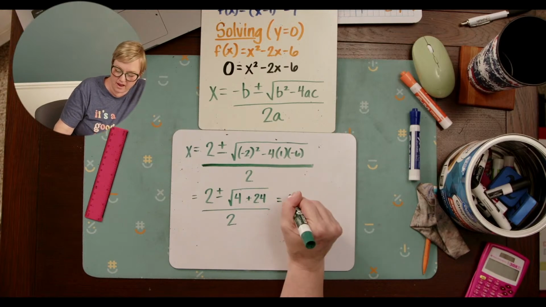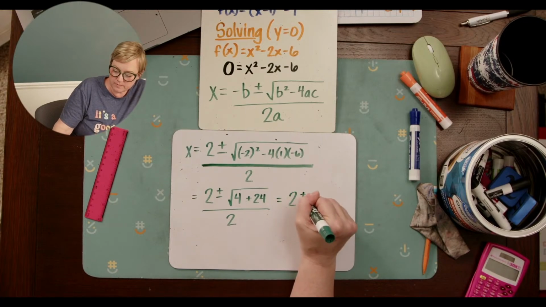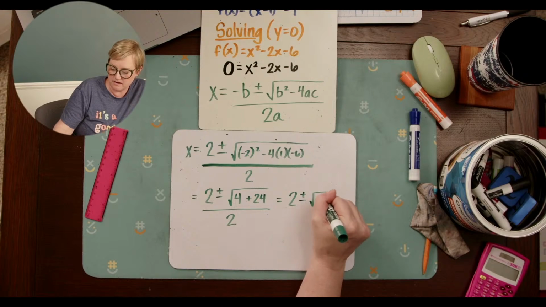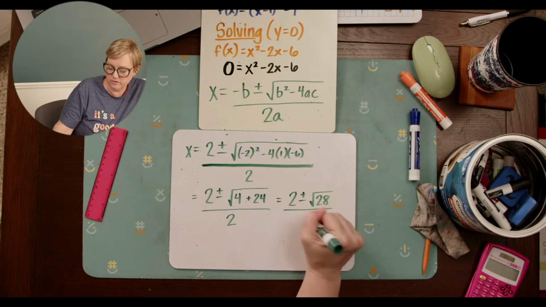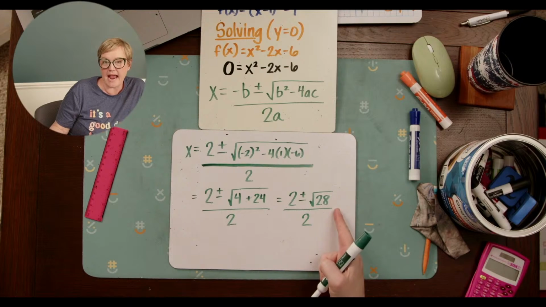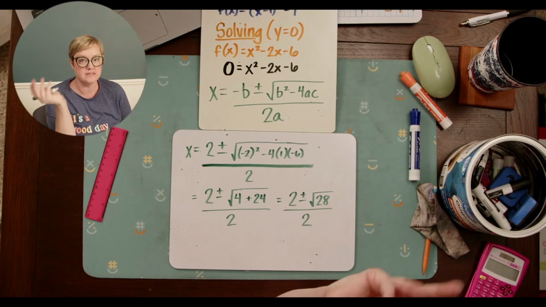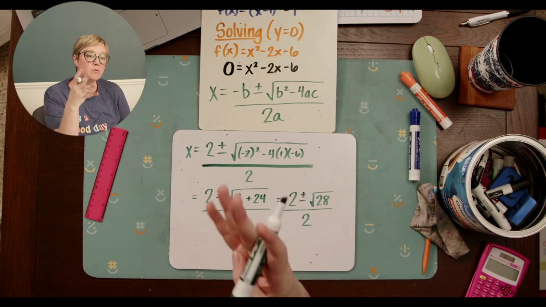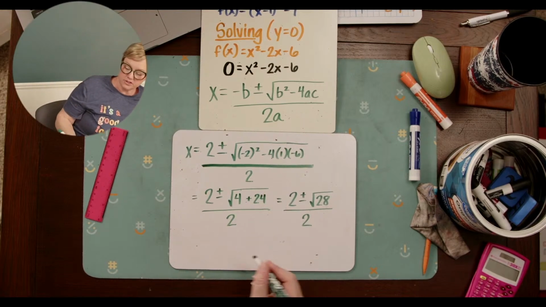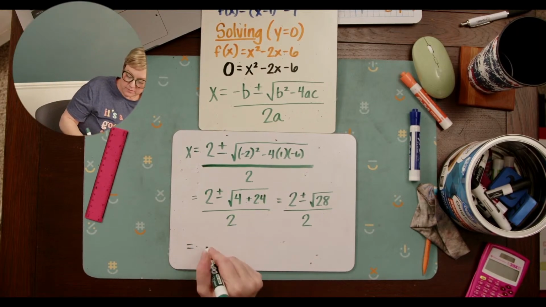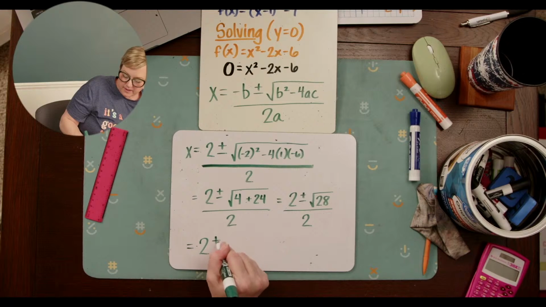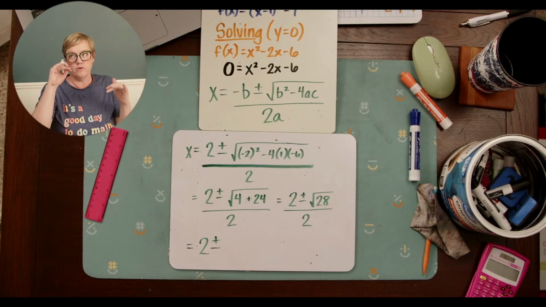And I get 2 plus or minus the square root of 28 over 2. Now, square root of 28, I can simplify. I can simplify it because if I think about the factors of 28, 4 and 7, I can take the square root of 4. So this becomes 2 plus or minus square root of 4 times 7.